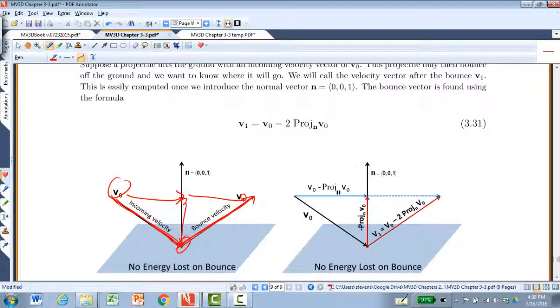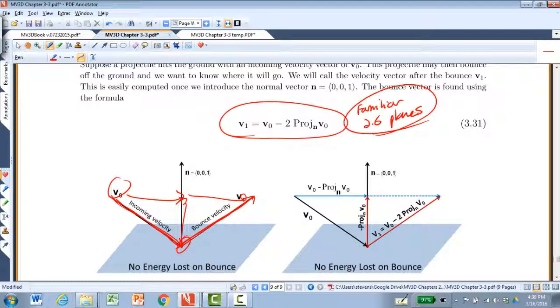And what you wind up with is that the bounce vector, and you should be familiar from chapter 2.6 on planes, I believe, is where we derived this particular bounce vector. And it's really quite simple. This is going to be the negative projection of v0 onto n, because the projection of v0 onto n is going to go the opposite way, right?